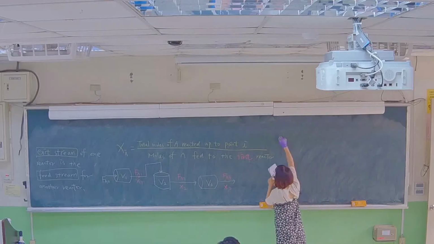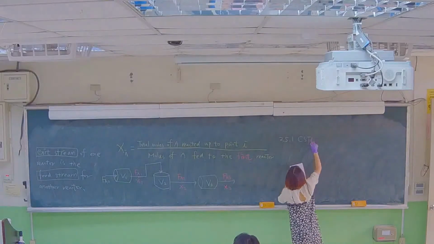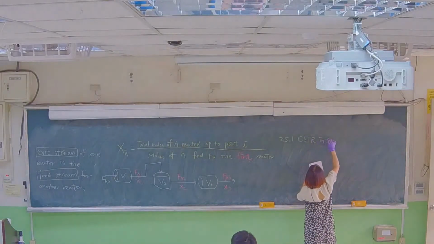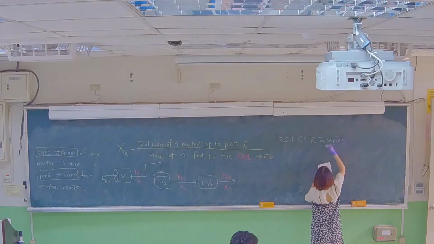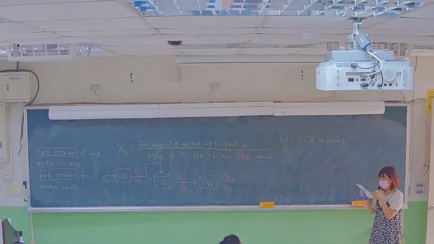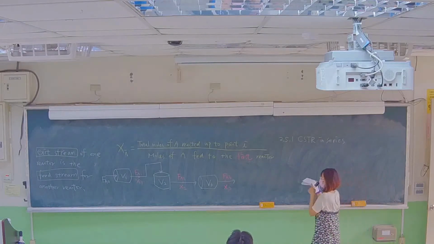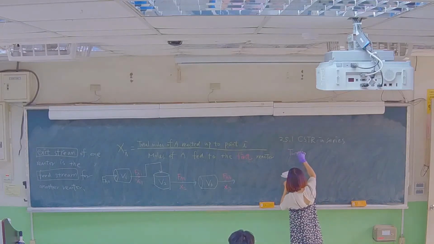So how to calculate the conversion? CSTR in series. Slide 27. Next one. So consider the simplest case. They are two, right?